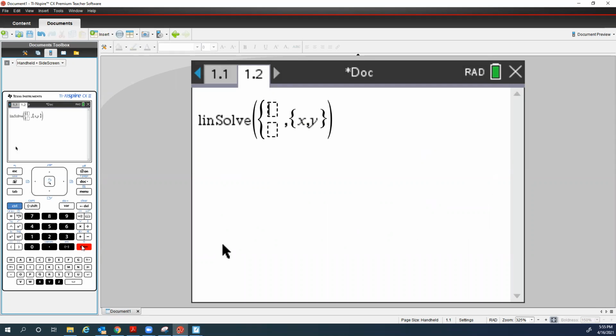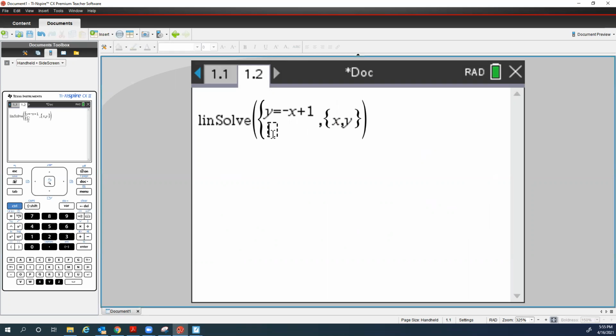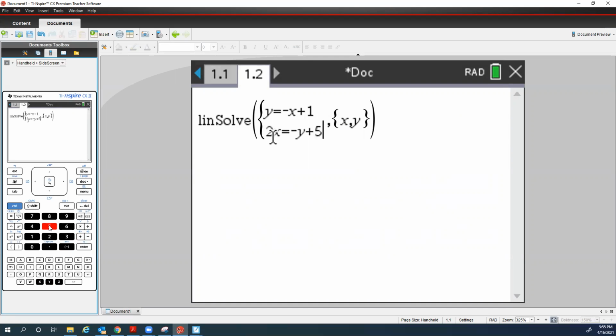The thing that you want is for these two boxes to come up, and you want to type in whatever the two equations are. So like the first equation that they had in that box was y equals negative x plus 1. Then go down to the next box and type in the second equation, 2x equals negative y plus 5.